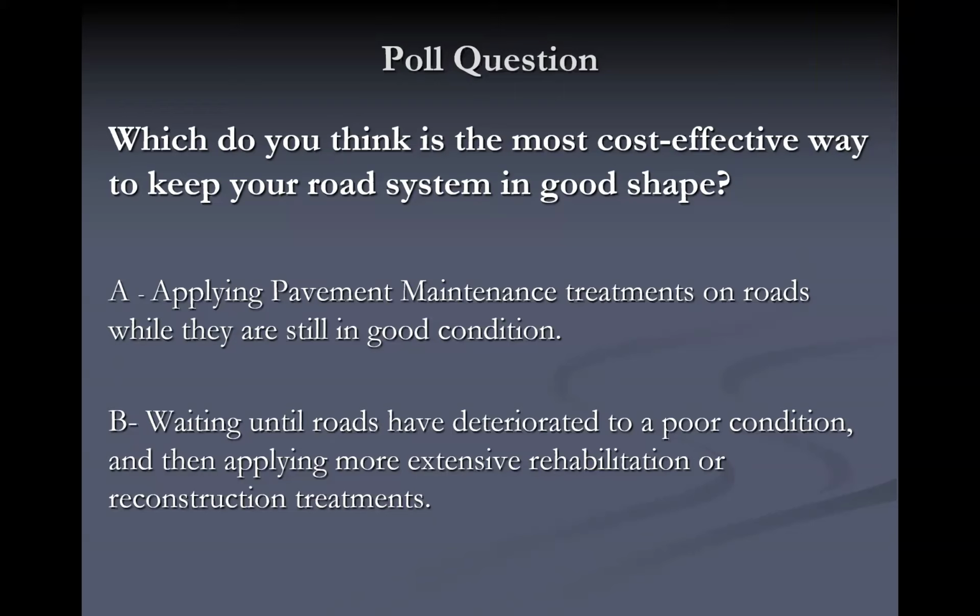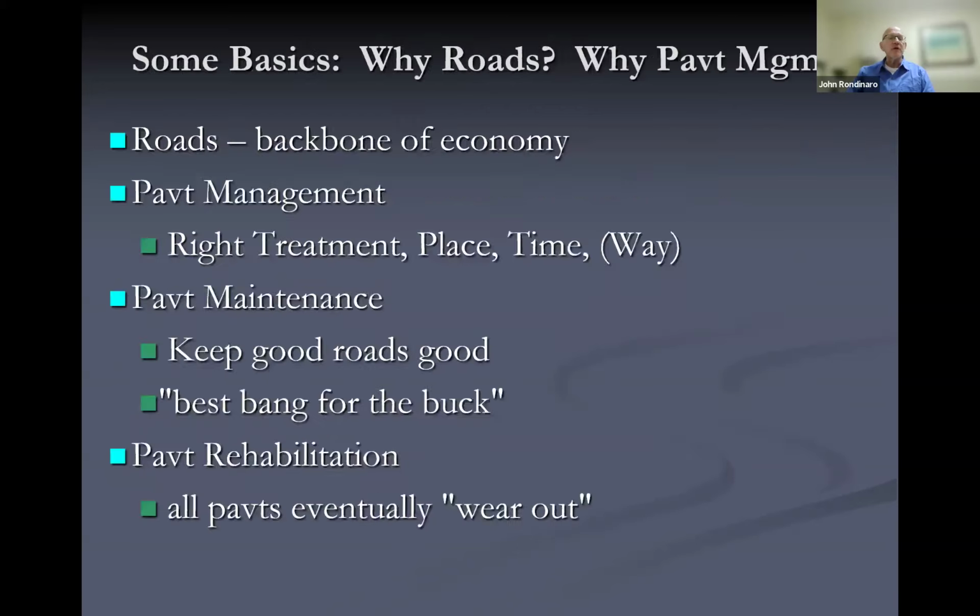John, it looks like we have a ton of A's. Nope, they're all A's. Awesome. Yeah, that means the message is loud and clear, and that is absolutely correct. Our first line of defense in keeping our roads in satisfactory or operable condition is applying our pavement maintenance treatments while the roads are still in good condition.